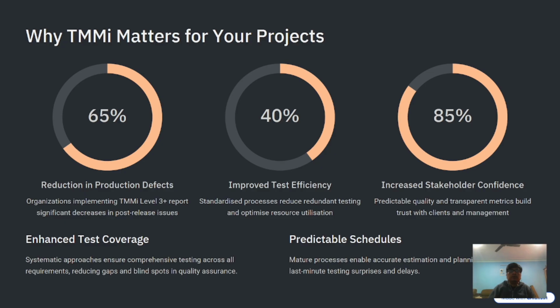So that's the number. 40% is the improvement in test efficiency. Standardize the process, reduce the redundant testing, and optimize resource utilization. Consider an example like test case writing. We are writing the test case for logging in to any kind of website. We put the username, put the password, and that particular test case will be repeated in 800 test cases.